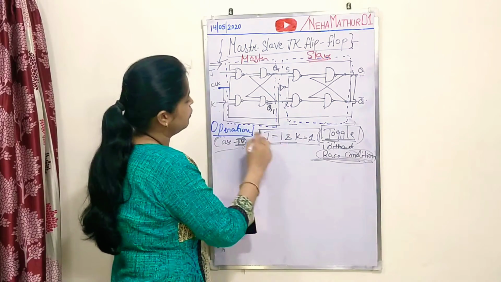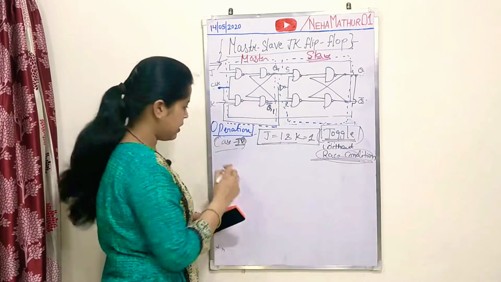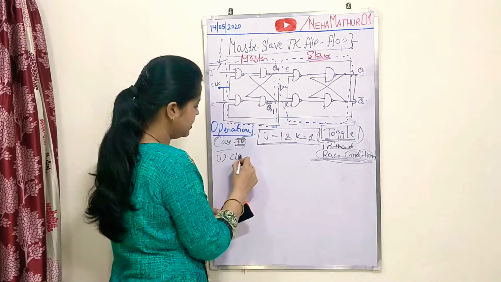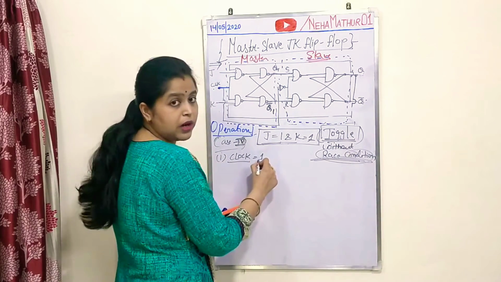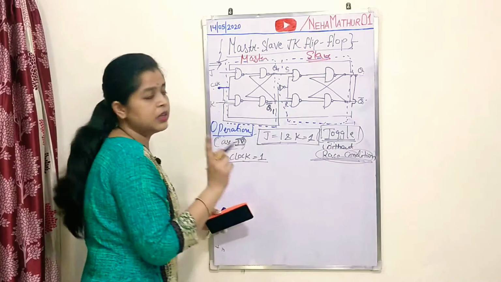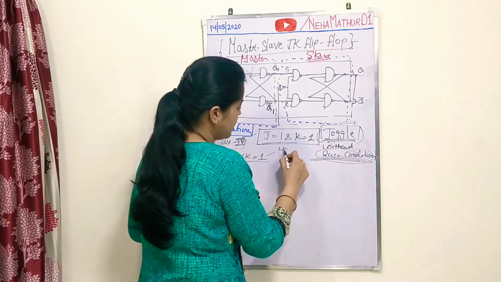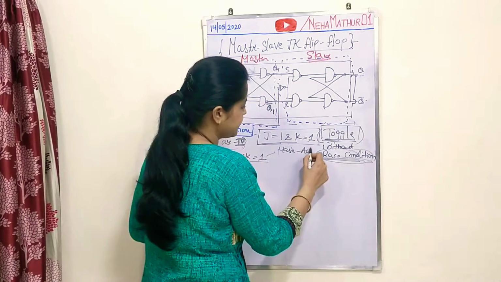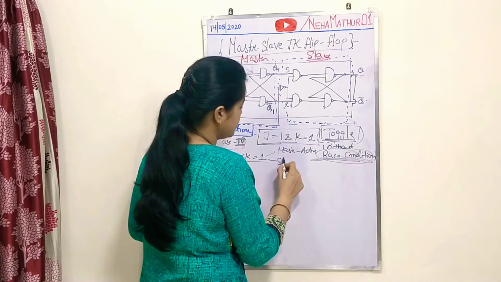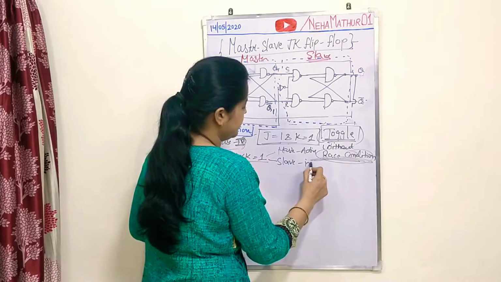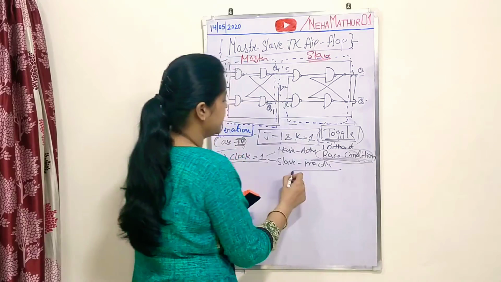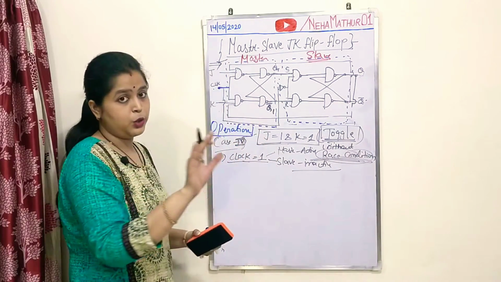See, for J equals 1 and K equals 1, initially in step 1, if clock is equal to 1, your master will be active and your slave is inactive. That means only the front circuit is ready to work.